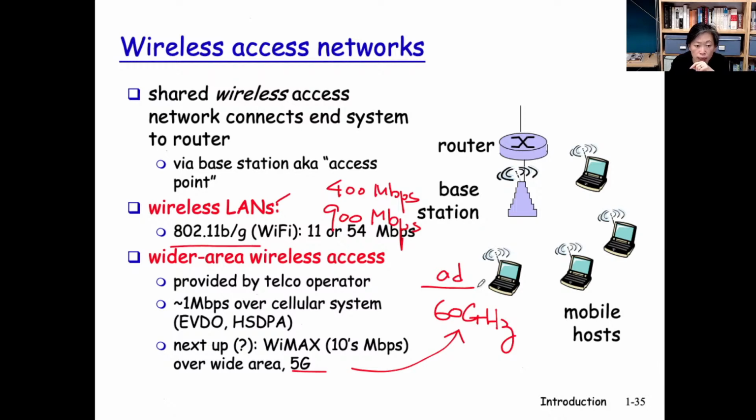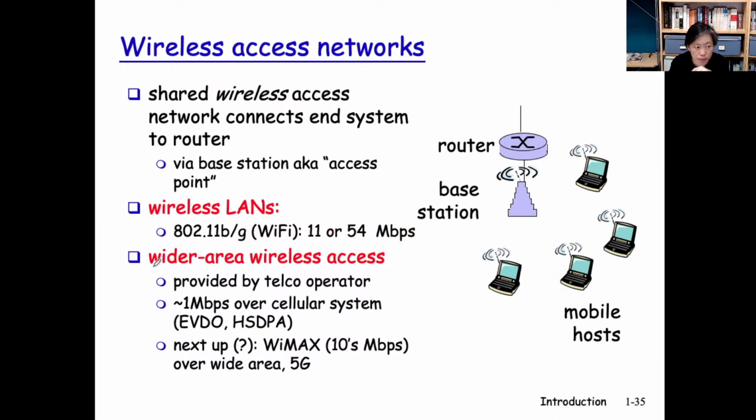802.11ad. The last one, wide area wireless access. So 1 megabit per second, this is for 3G. For 4G we get slightly more than 1, sometimes go a few megabits per second. With 5G you get easily tens of megabits per second and sometimes very close to 100, but only downlink.